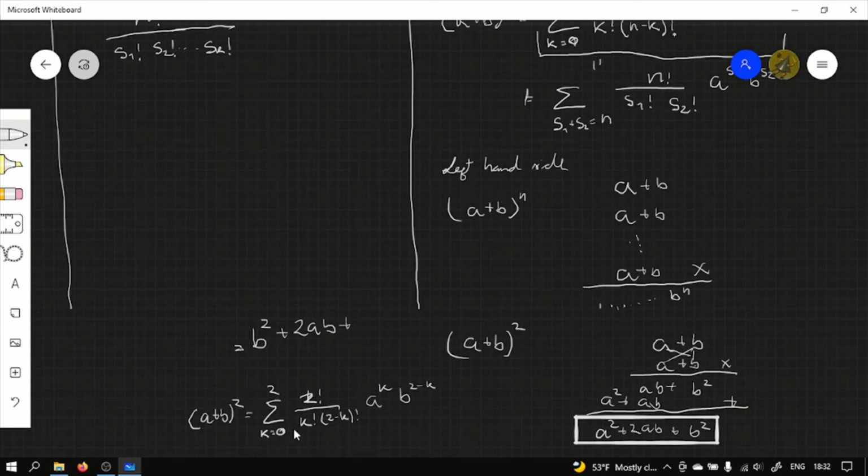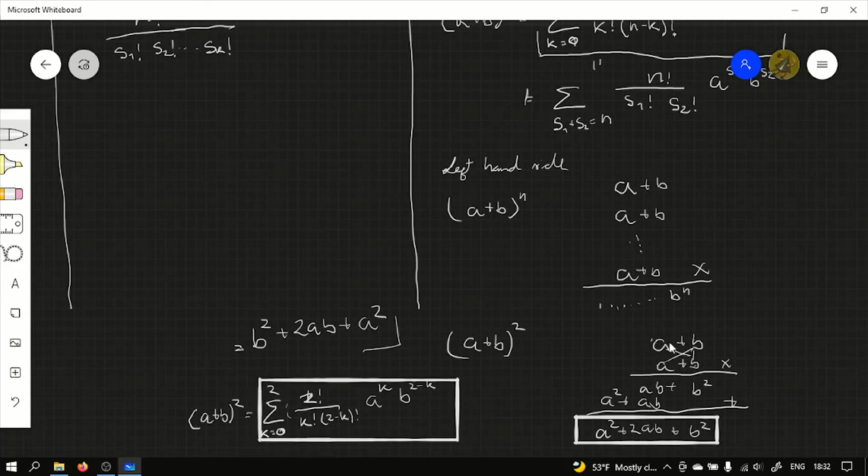And when k is equal to 2, here we have 2 factorial, here we have 2 factorial, they cancel each other, and here we have 0 factorial, which is 1. So all of this element is 1. Here we have a squared, and here we have b to the 2 minus 2, which is 0. We have exactly what we have here, using this formula and using what we know, that is just summing all elements.